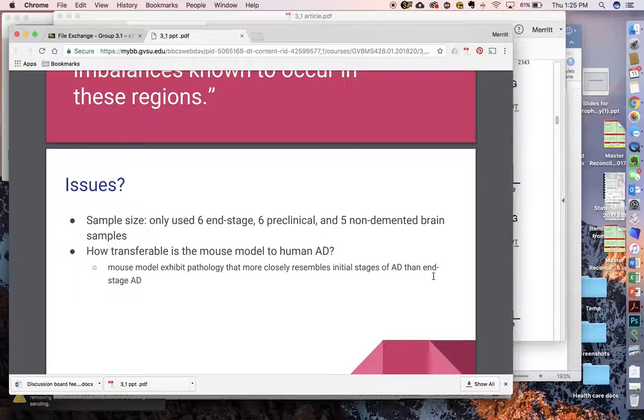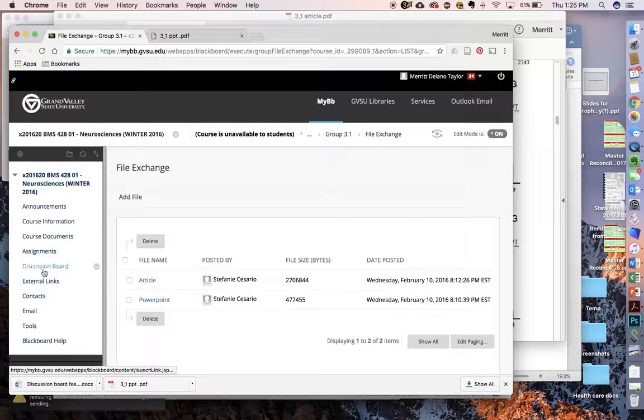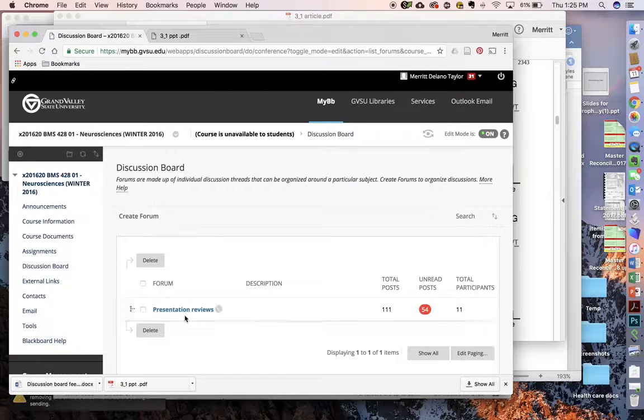The other thing is the feedback that we have, and everybody's required to do that feedback. The way that works is that you go under where it has the discussion board and you click on that, and then there's a place for it under presentation reviews where you can find it.